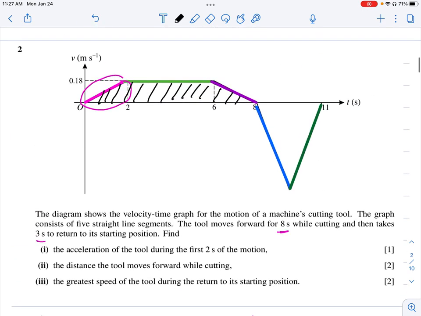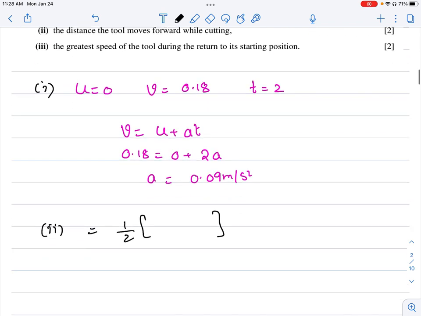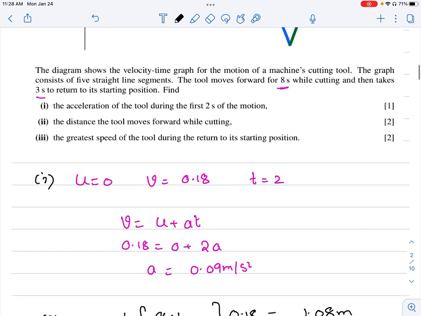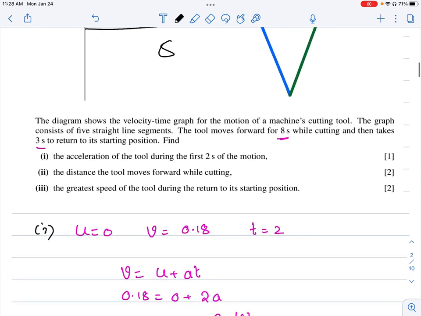The parallel sides are 8 over here and 4 over here, and the height is 0.18. So half times 8 plus 4 times 0.18. Simplify that: 1.08 meters.